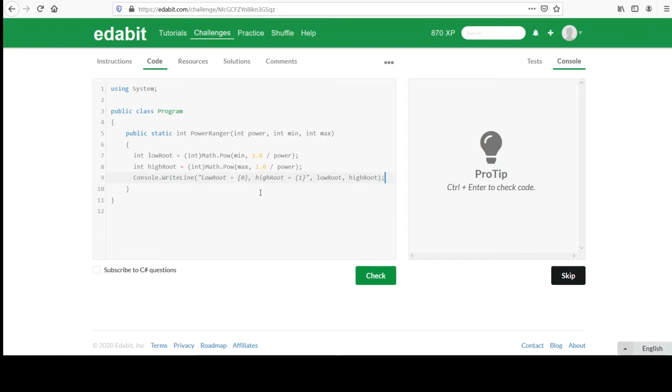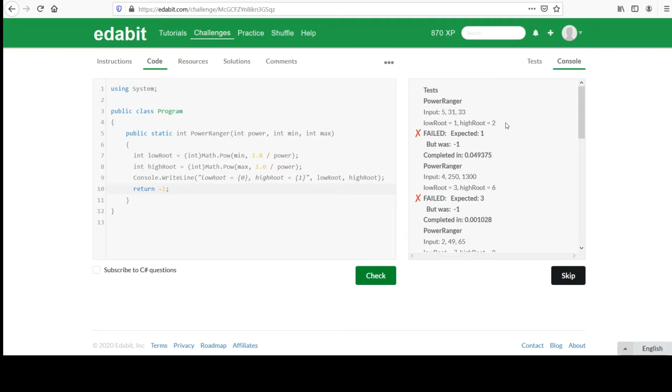This will help us visualize. And I'll just say some dummy value now, just so I can run it. Okay, so for this first example, actually to give a better idea of this, I probably should have done it as a double first.